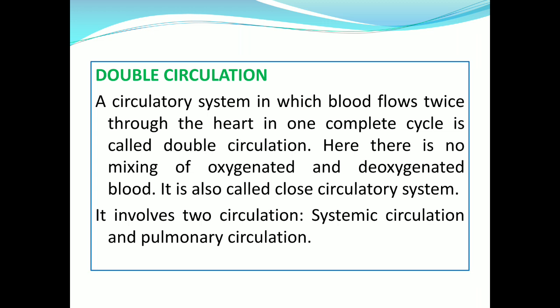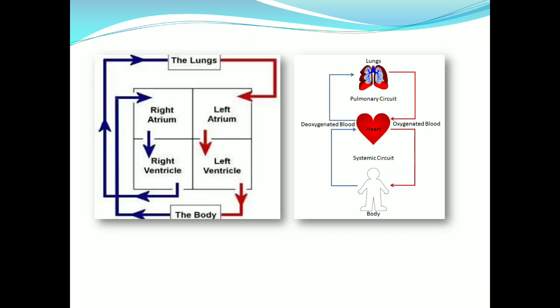Due to complete partition between the left and right side of the heart, there is no mixing of oxygenated and deoxygenated blood. This type of circulation is called a closed circulatory system. As we have seen earlier, it involves two circulations, that is systemic and pulmonary circulation.